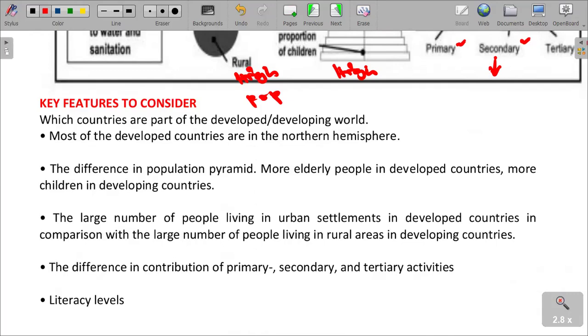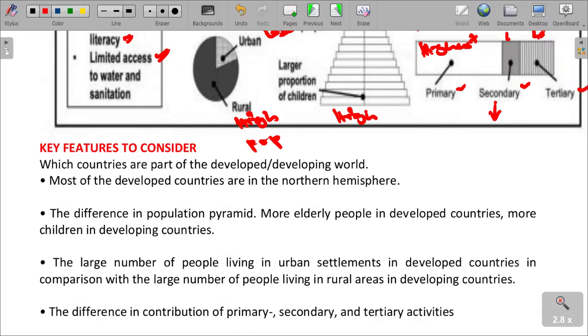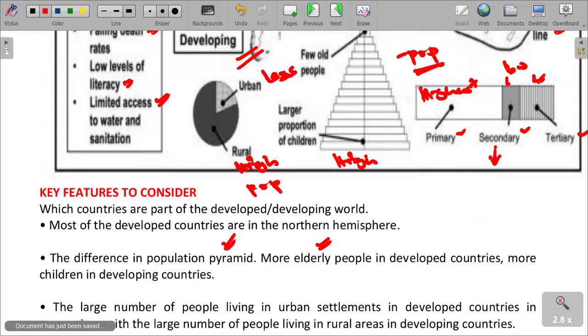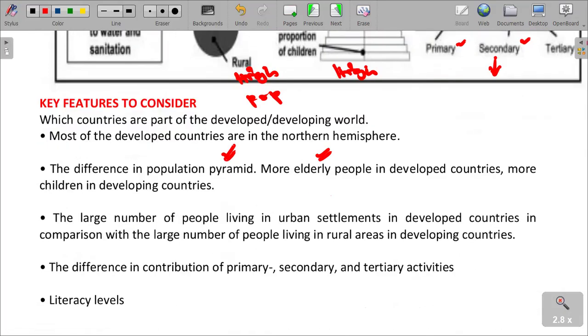The differences in population pyramids, I already gave you an explanation: more elderly people in developed countries, more children in developing countries. So there is a different population segment representation in the two.